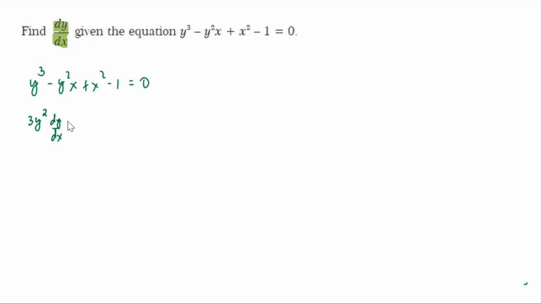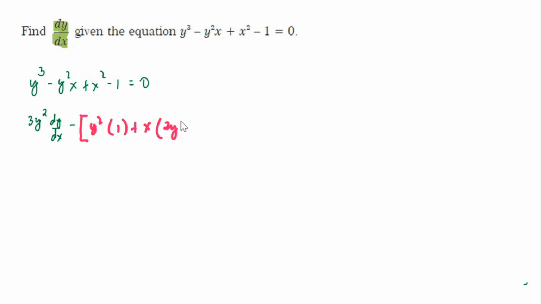Now, the second term, I have negative y squared x. So we are going to use the product rule, with the formula u dv plus v du. So our u there is y squared times the derivative of x, which is just 1, plus v du. Our v is x, and the derivative of y squared is 2y.